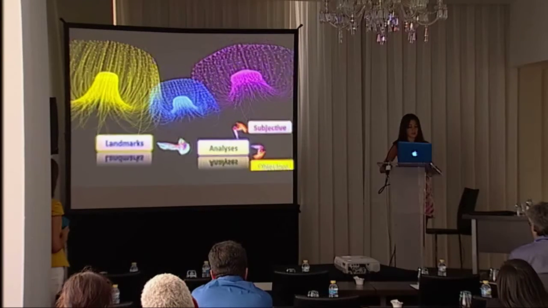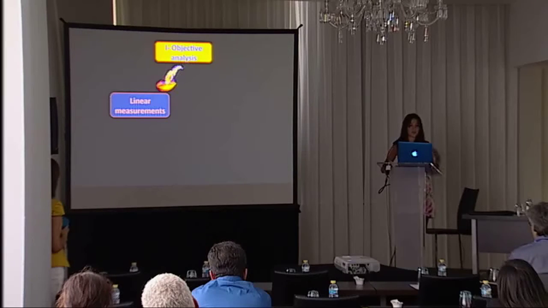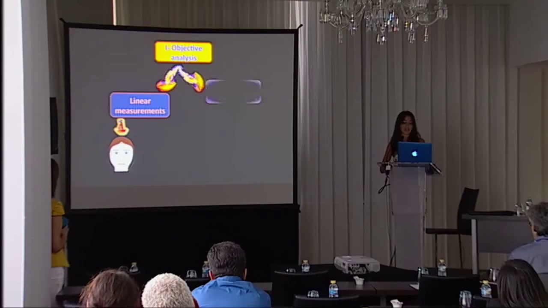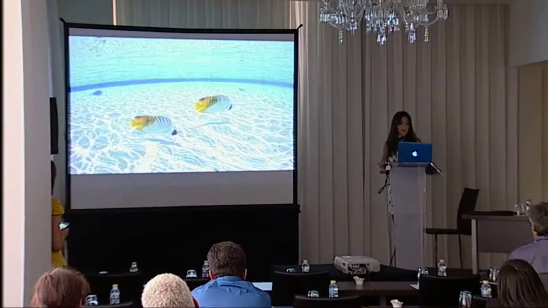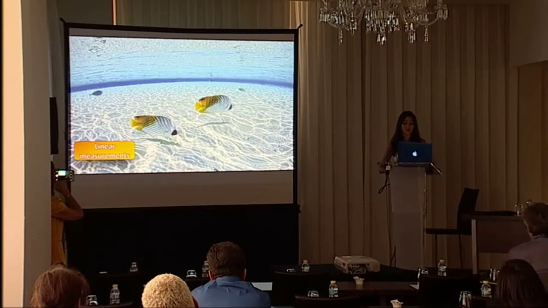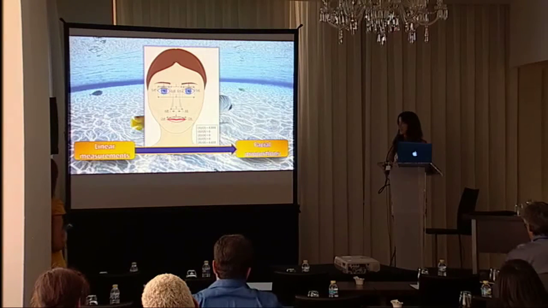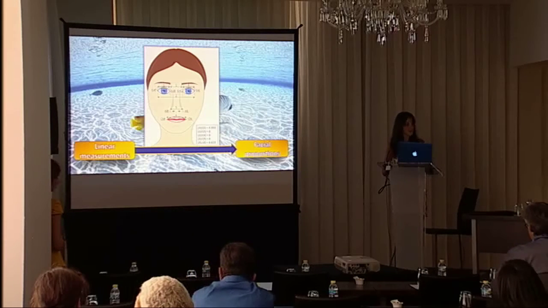The landmarks were used to do objective and subjective analysis. Let's start with the objective part, or the quantitative part of our research. It mainly consisted of linear measurements on the frontal images and angular measurements on the lateral ones. Because of the inter-individual variability between faces, our linear measurements were transformed and used as facial proportions to evaluate the facial harmony rather than simple distances between points.